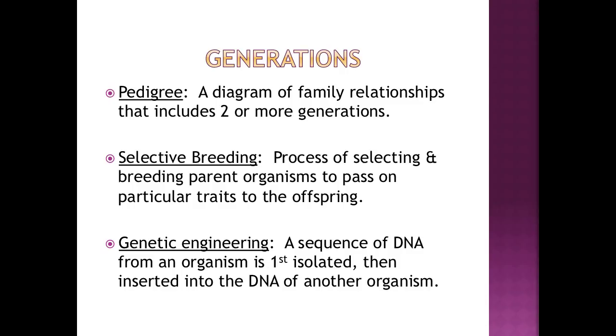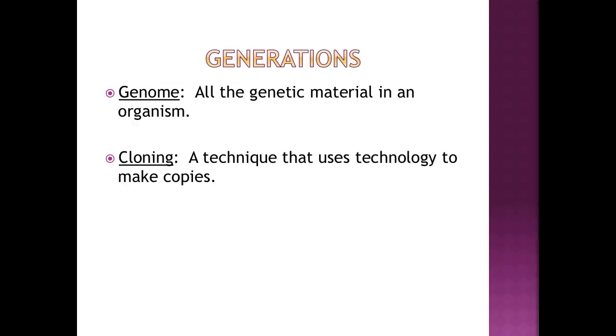Genetic engineering is when a sequence of DNA from one organism is first isolated, then inserted into the DNA of another organism. A genome is all the genetic material in an organism, and cloning is a technique that uses technology to make copies.